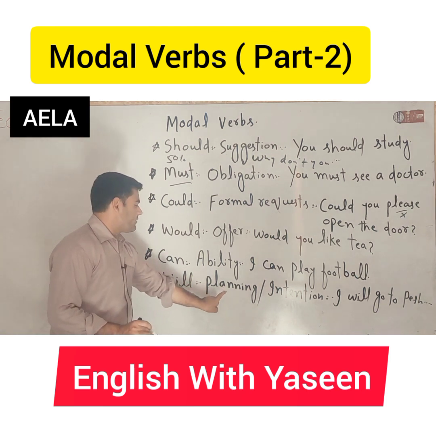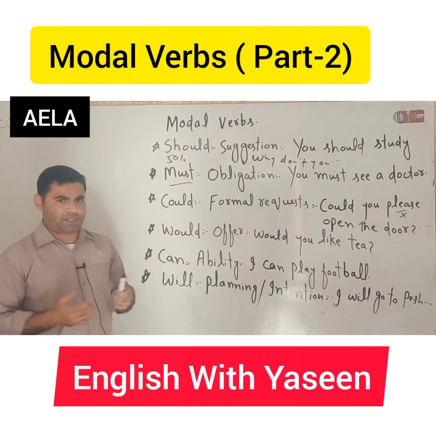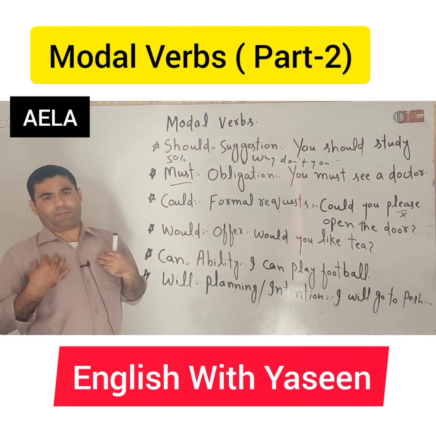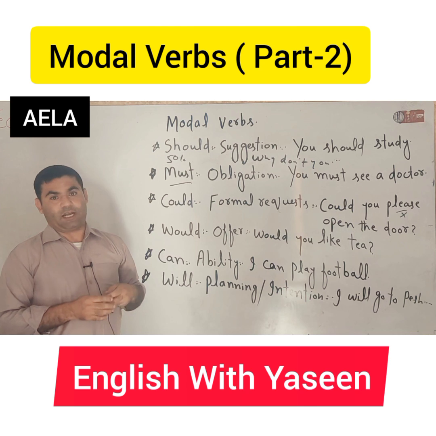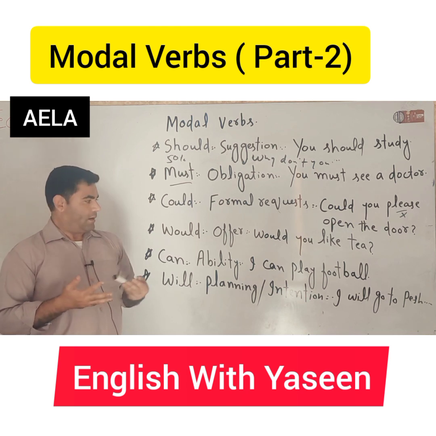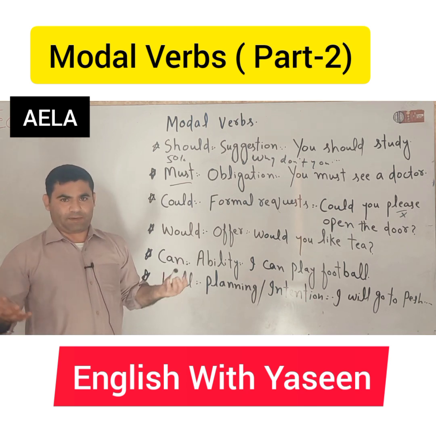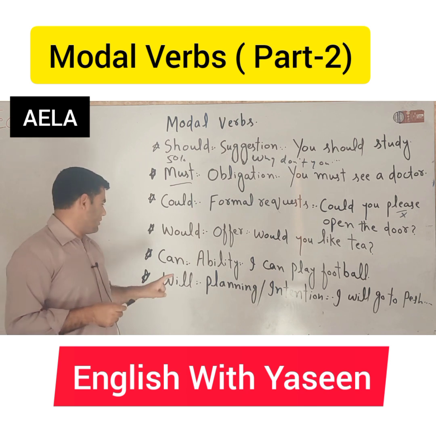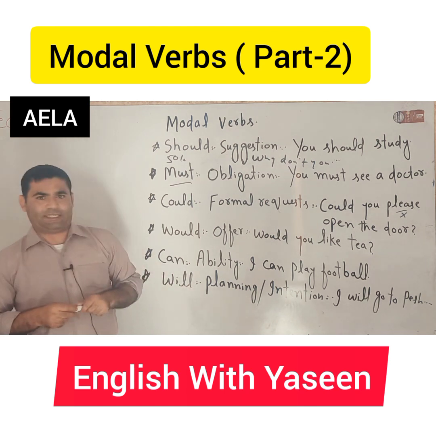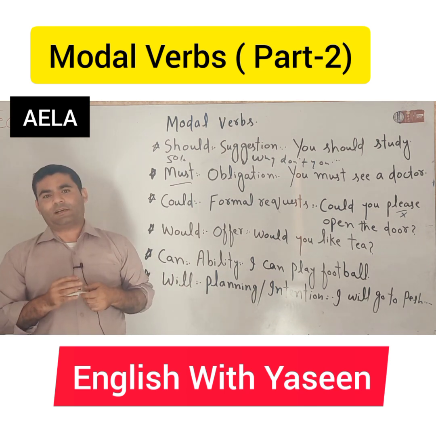Will is used for planning and intention. Intention or planning means that from my side I'm determined that I'll do that thing. For example, I say I will go to Peshawar. So that's only my planning and it's my intention. Now what happens next?